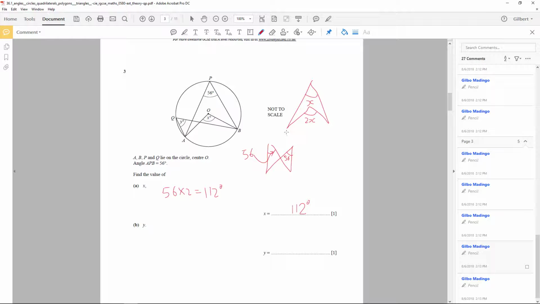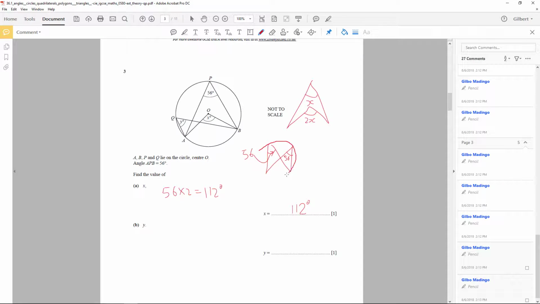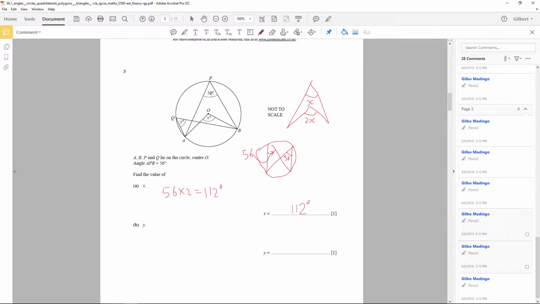For some reason I can't draw it on the board. But the two of these edges must touch your circumference. Look over here right now. This is 56 and this is also touching the circumference. And remember that both of them came out from the same 2 points A and B. Therefore, y is equals to the same as 56. Okay?